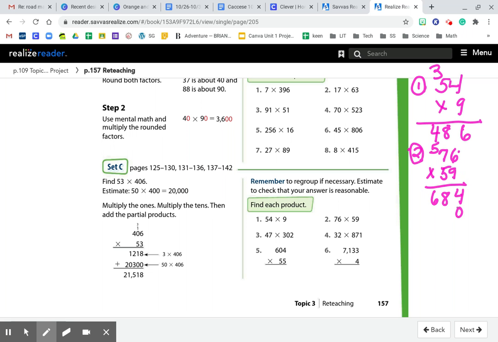So 50 times 6, 5 times 6 is 30. So I'm going to put my 0 down and carry the 3. 5 times 7 is 35, plus 3, 38. There we go. My problem was done. A little messy, but it's done.